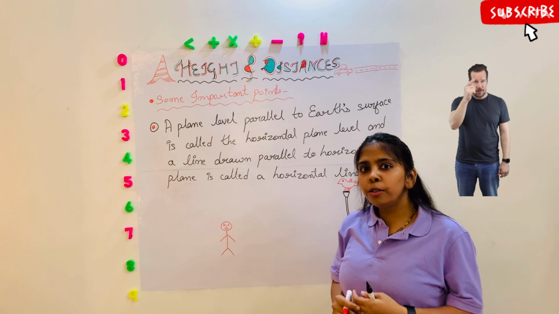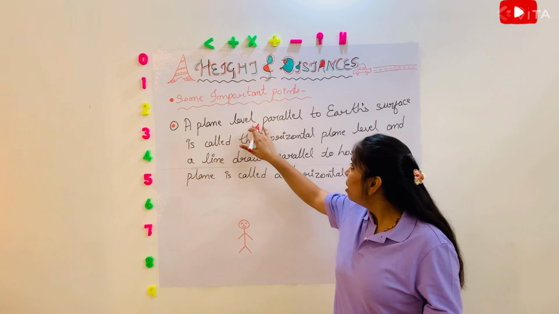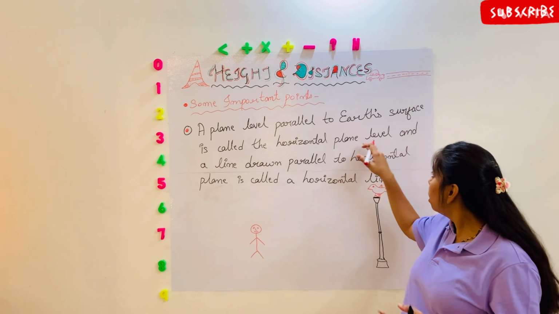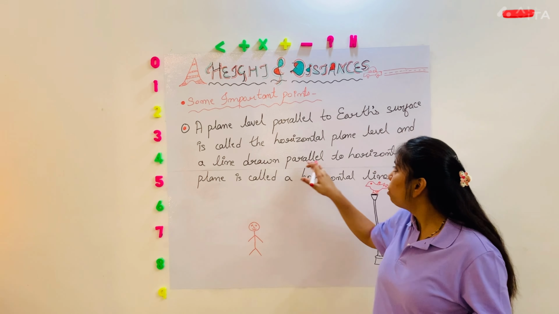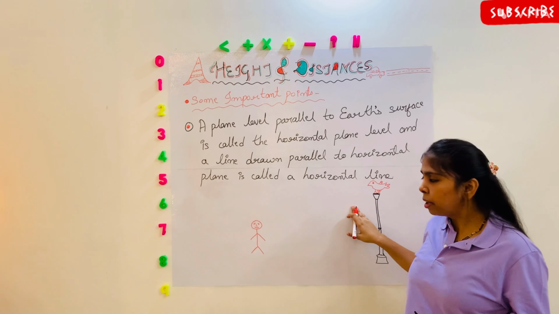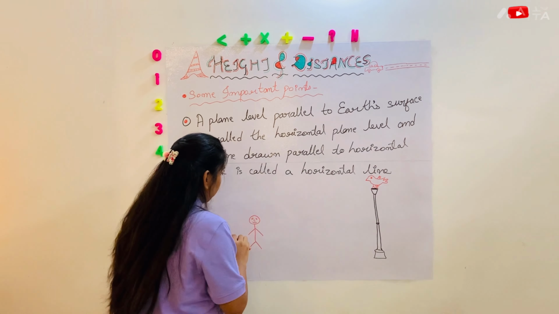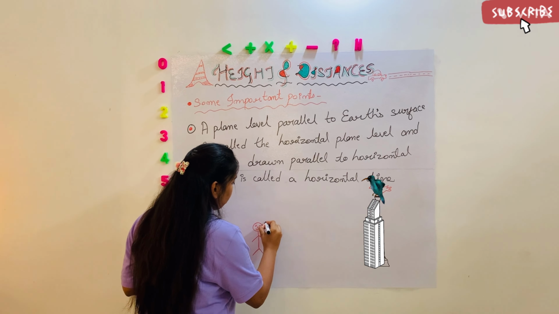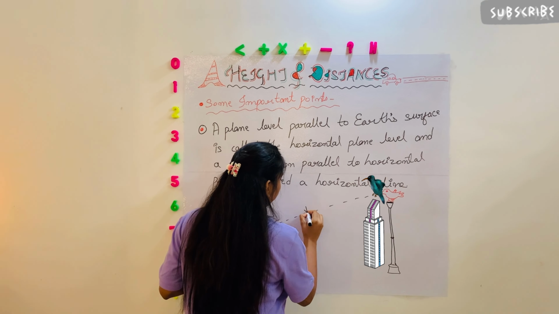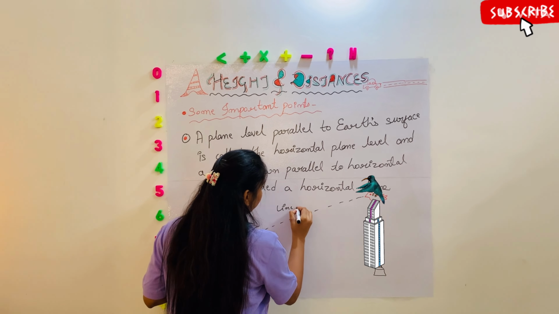Some important points to keep in mind. A plane level parallel to Earth's surface is called the horizontal plane level, and a line drawn parallel to the horizontal plane is called the horizontal line. So we all know that this is the line of sight. This is line of sight.